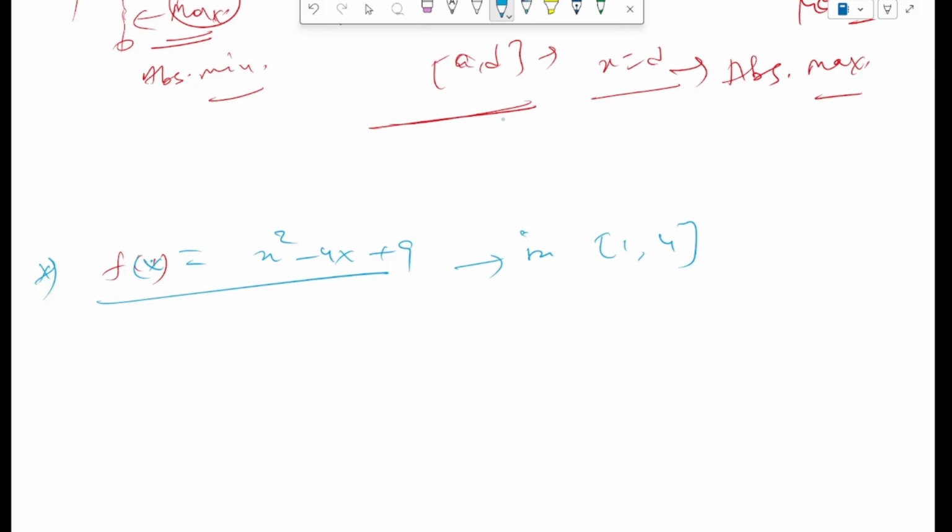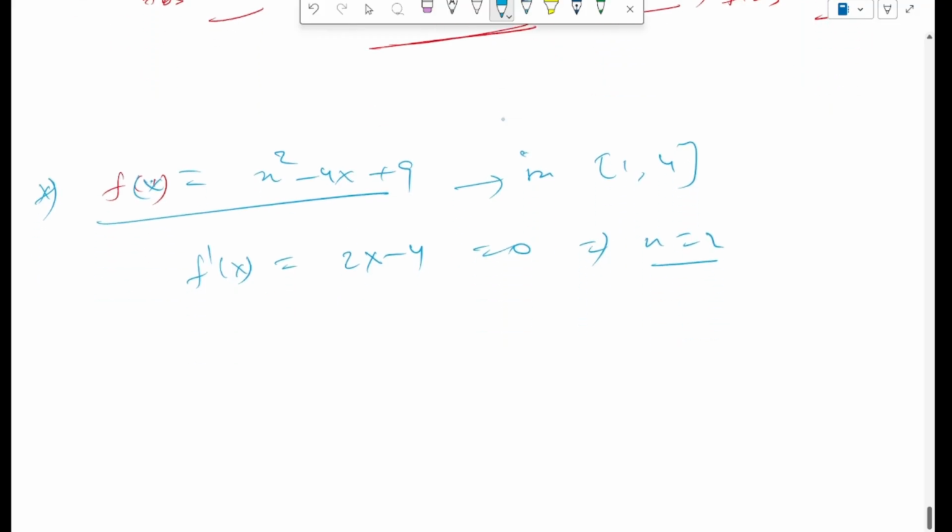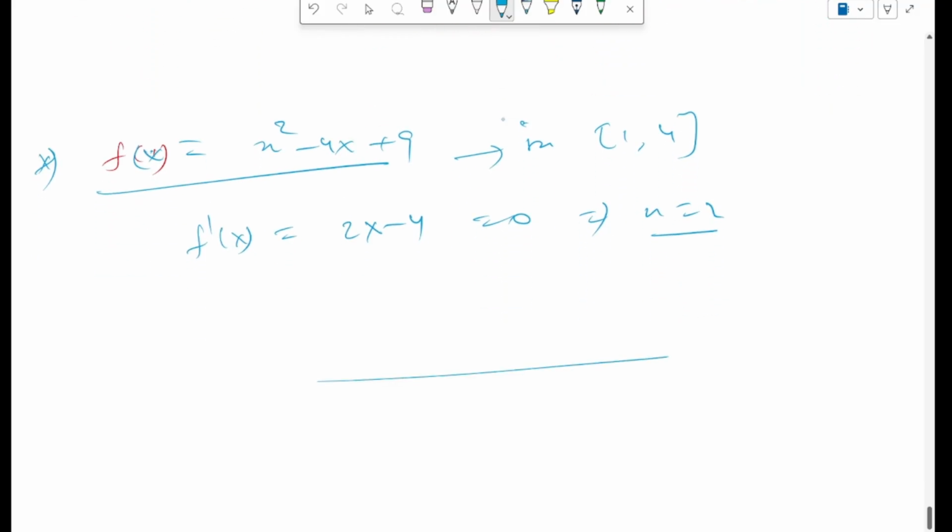Now if we calculate f prime x, first we have to calculate the first derivative to know the nature of the function. It will become 2x minus 4. If we equate it to 0, we will get x equal to 2. Now if we plot this x equal to 2 on the number line, this is positive infinity, this is negative infinity.